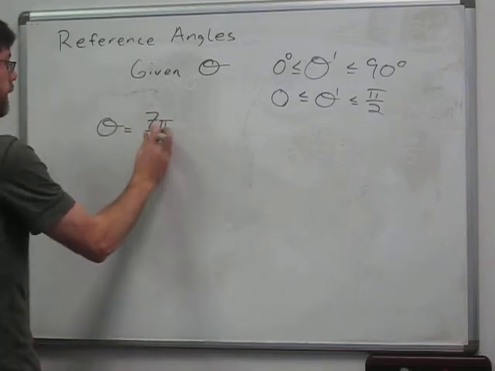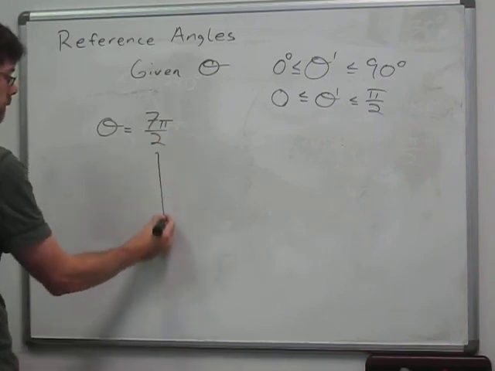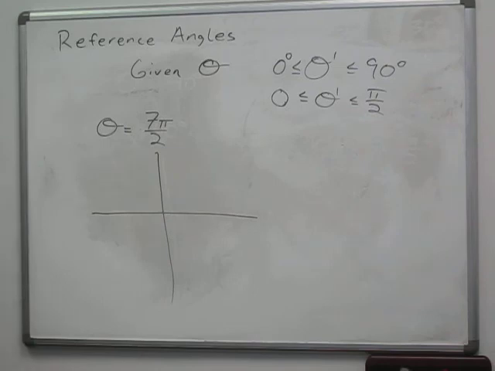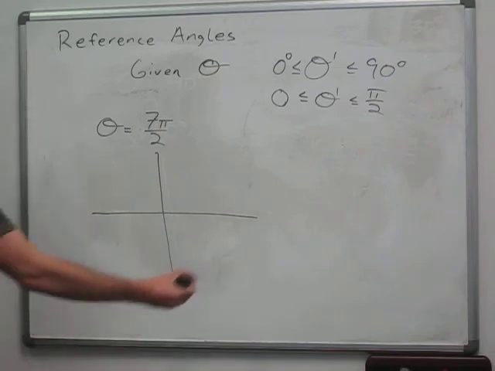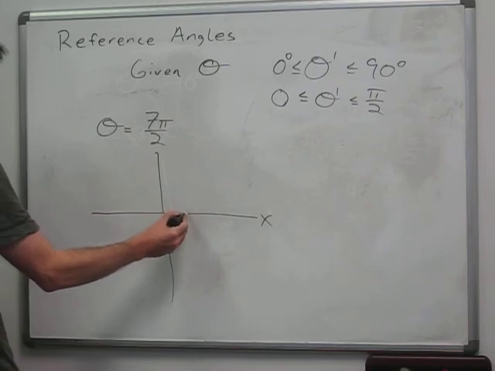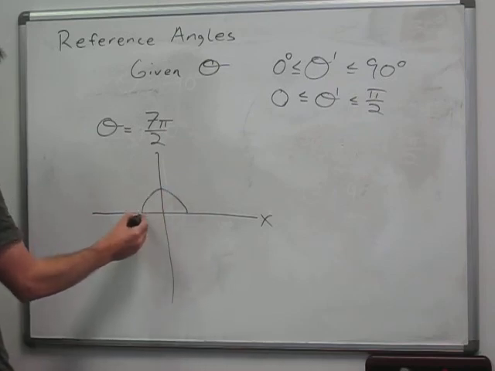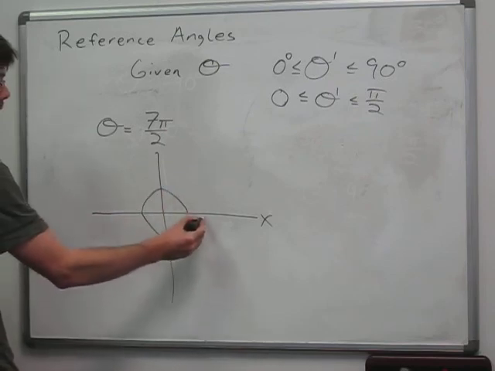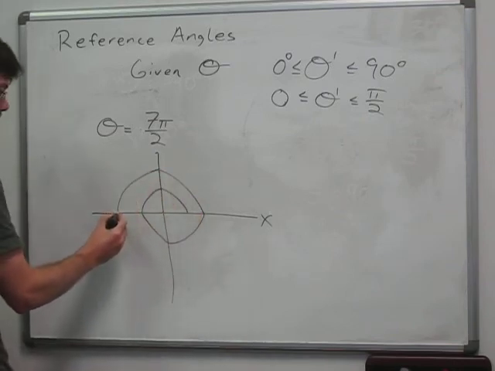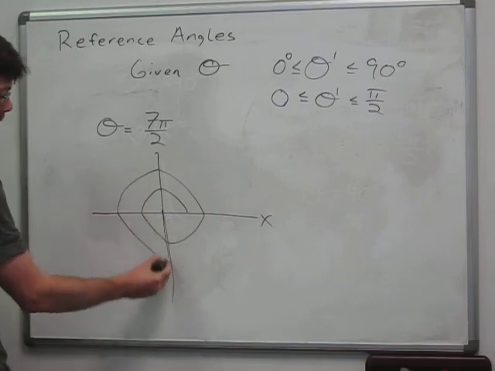Let's do 7 pi over 2. Okay, 7 pi over 2. So let's see. Pi over 2, 2 pi over 2, 3 pi over 2, 4 pi over 2, 5 pi over 2, 6 pi over 2, 7 pi over 2.